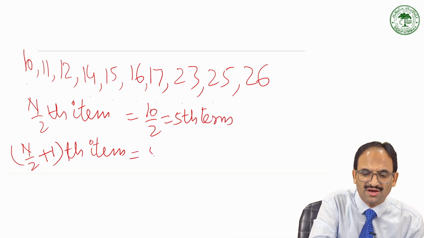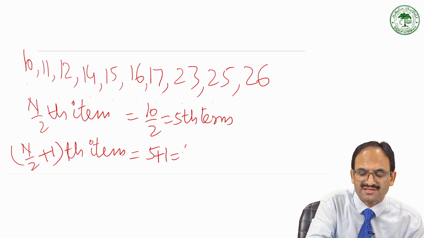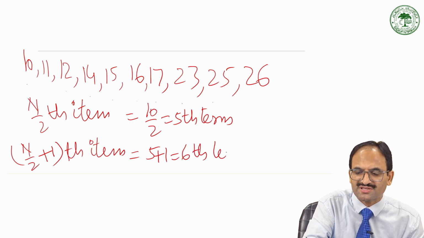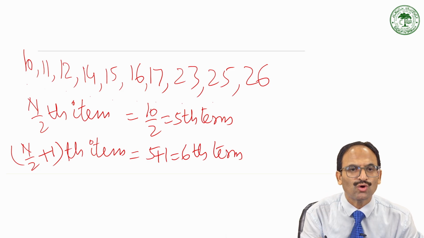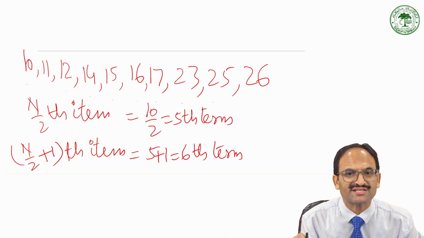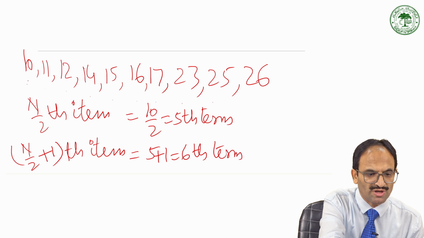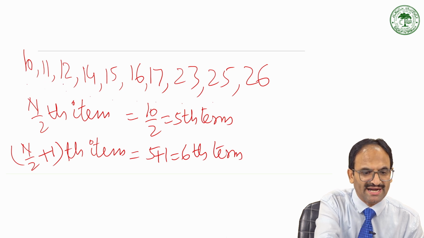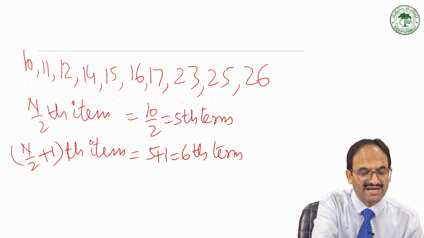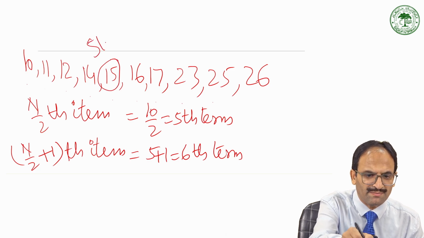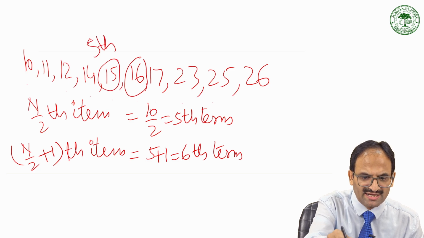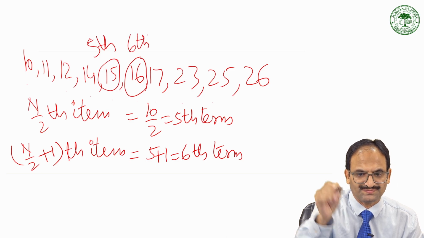And here it is 5 plus 1, that is 6th term. Now, locate what are these 5th and 6th terms. So, 10 is the first one, 11 is the second, 12 is the third, 14 is the fourth, 15 is the 5th term and 16 is the 6th term.